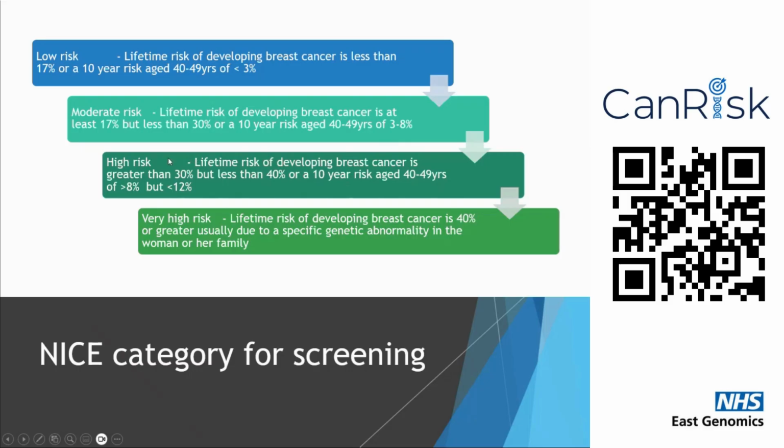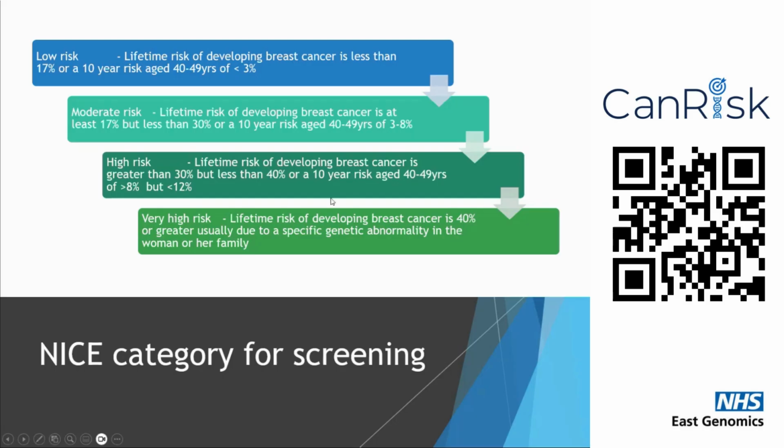High risk is a lifetime risk of developing breast cancer of greater than 30% but less than 40%, and a 10-year risk between 40 and 49 of greater than 8% but less than 12%. And very high risk is a lifetime risk of developing breast cancer greater than 40%, usually due to a specific genetic abnormality in the woman or her family.